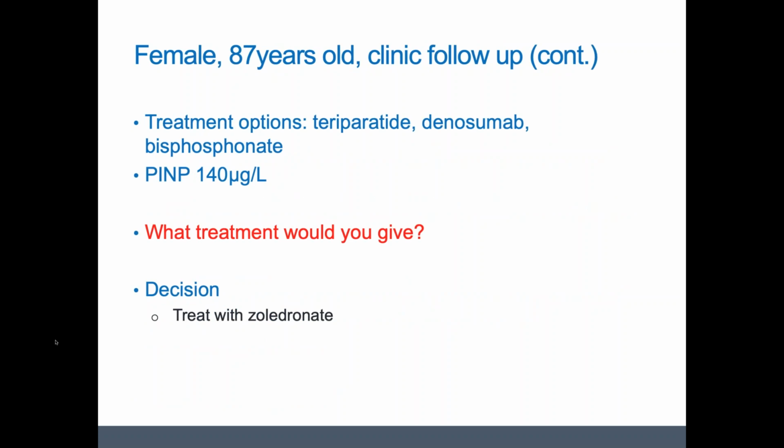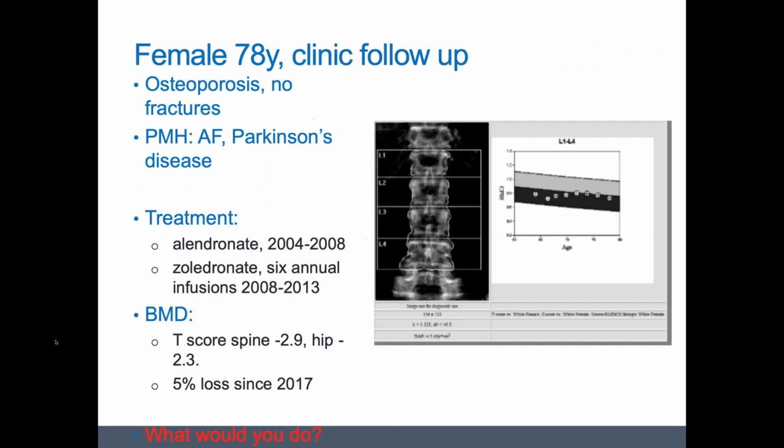And so we could give teriparatide, but we just feel that perhaps an anti-resorptive drug, given the high turnover, might be very effective. So we gave her zoledronate. So that was our choice. So even though she was on alendronate for 10 years, because she's had a 2-year window, we feel it's safe, relatively safe, to go back onto an anti-resorptive.